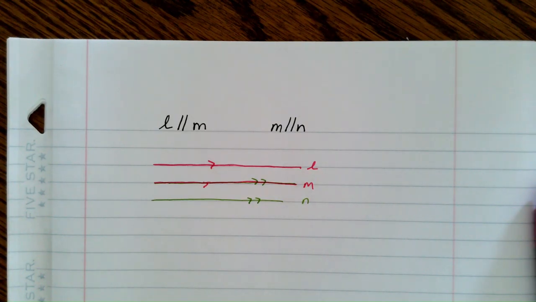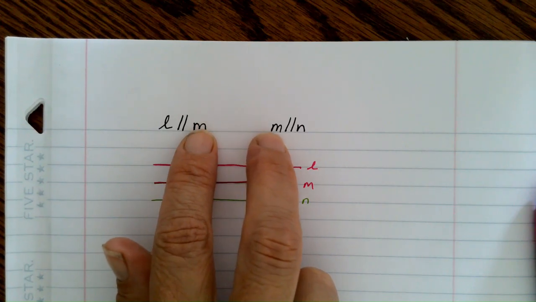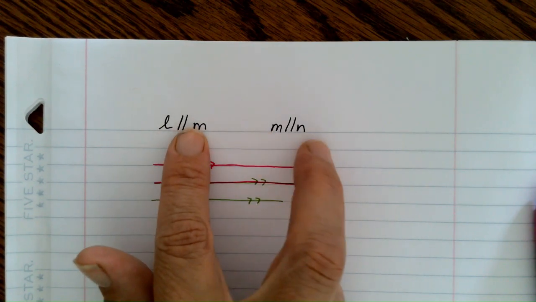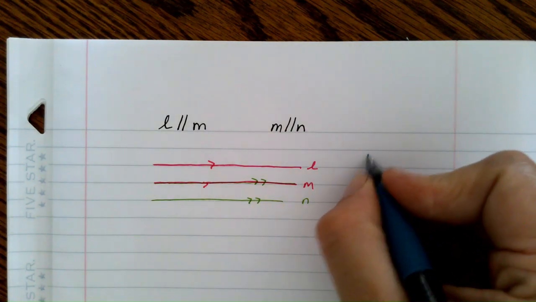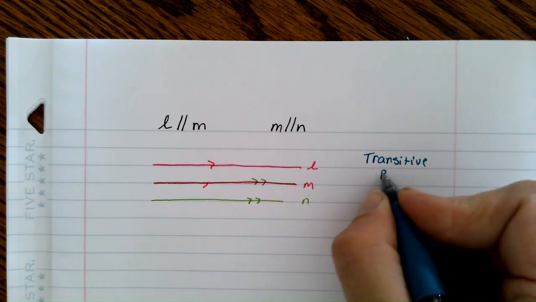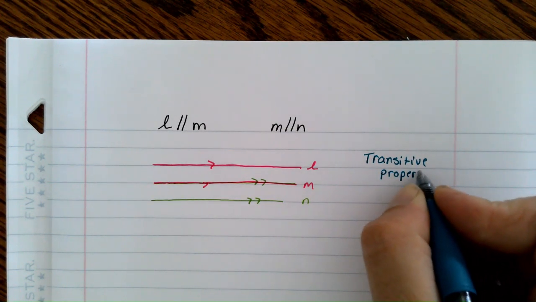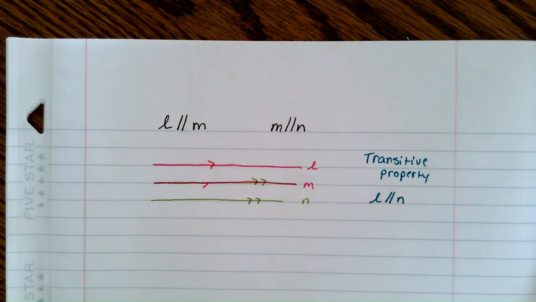Yes, we absolutely can by transitive. L, see how the M is the duplicate? Since L goes to M and M goes to N, couldn't we compare those as well? Yes. So that's the transitive property. We can now conclude that L is parallel to N.